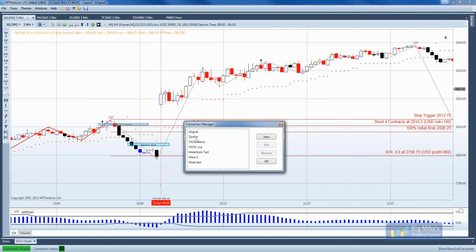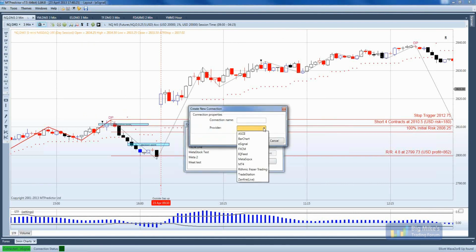We can use ASCII or Metastock data for end-of-day data, and for real-time bar chart, eSignal, FXCM, MetaTrader 4, Rhythmic, or ZenFire. We're actually working at the moment on a web interface into TradeStation. They're doing a new web API link into TradeStation, so we're working with them. We're hoping we can do that sometime in the near future, but that's work in progress.